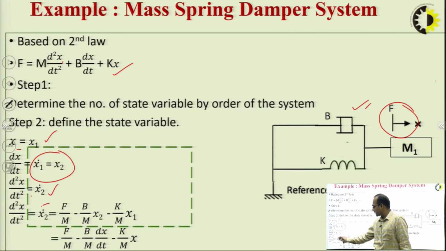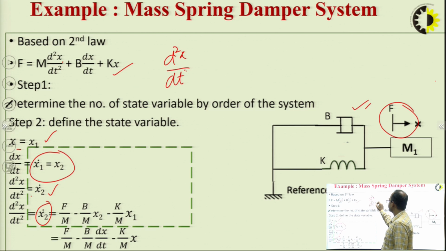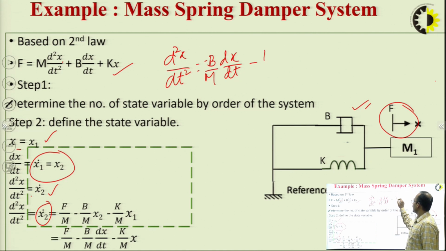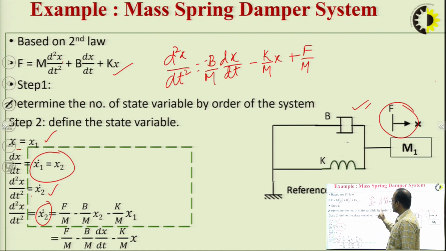So x2 dot is equal to minus b by m dx by dt minus k by m x plus f by m. dx by dt is nothing but x1 dot, which is x2, so x2 dot is equal to minus b by m x2 minus k by m x1 plus f by m.